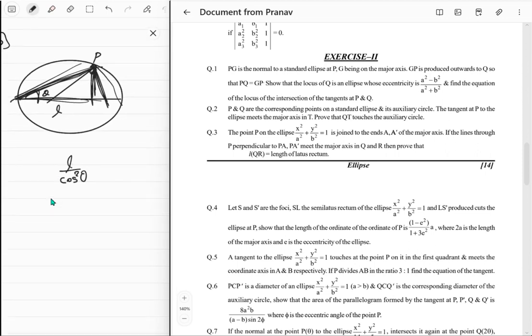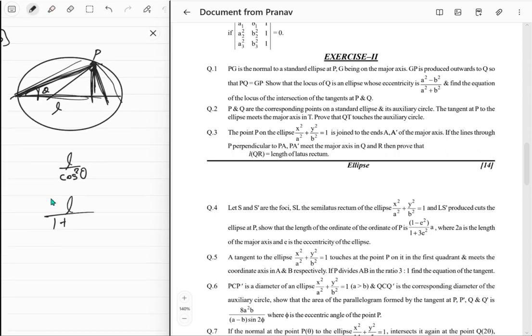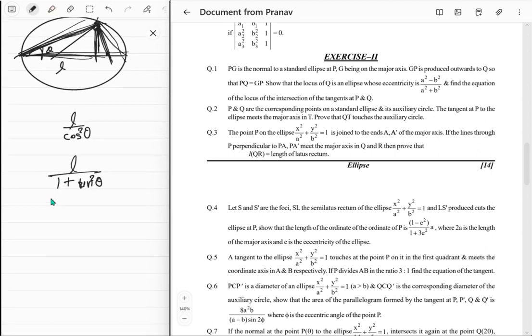But cosine square is like 1 plus tan square theta, and tan square theta is much easier to deal with. So tan square theta, sure. Right, I think this is doable. That's going to be this length, right? And similarly, you will have something from here. So this is like L upon 1 plus m squared. Of course, that's what this whole thing is. Isn't that right?